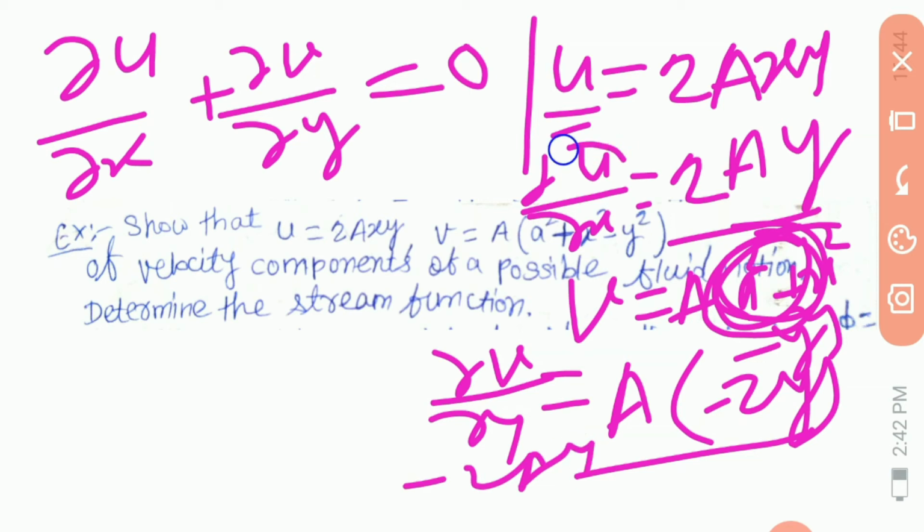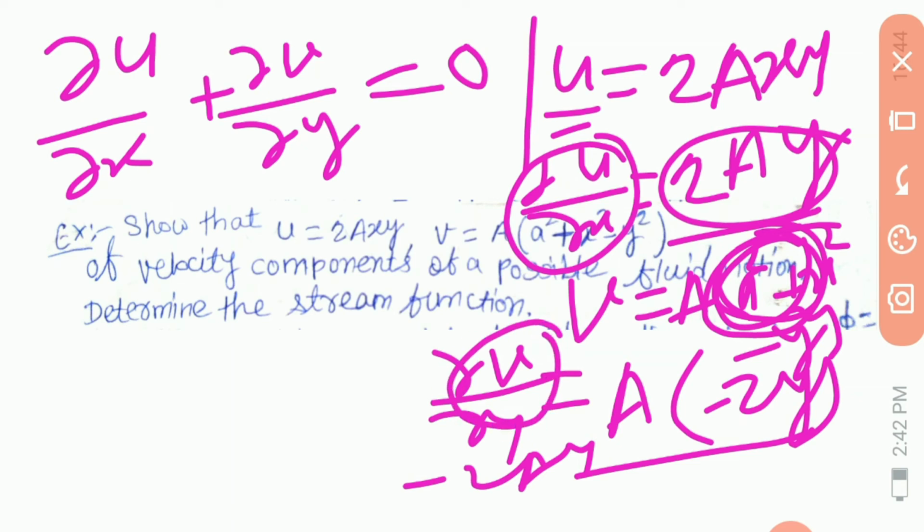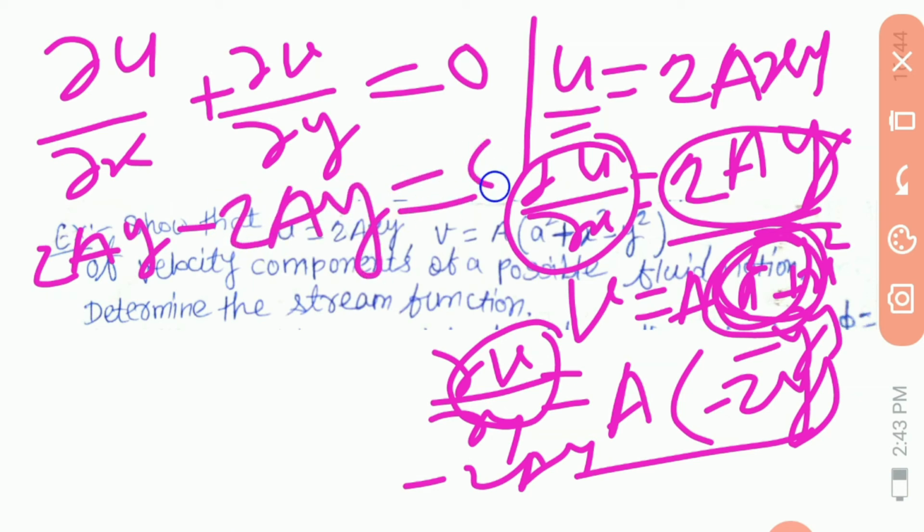So dou u by dou x is plus 2ay, and dou v by dou y is minus 2ay. 2ay minus 2ay, what we get? We get 0, which is true. Therefore, the given velocity components constitute a possible fluid motion.